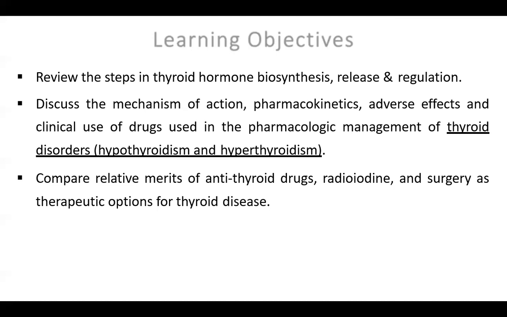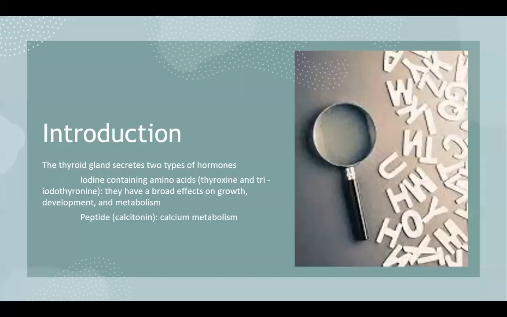Okay? So we have drugs for the treatment of hyperthyroidism, and we're going to discuss the advantages and disadvantages of these drugs, and then we're going to talk about radio-labeled iodine and surgery.